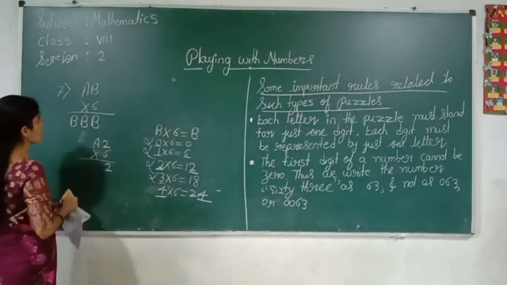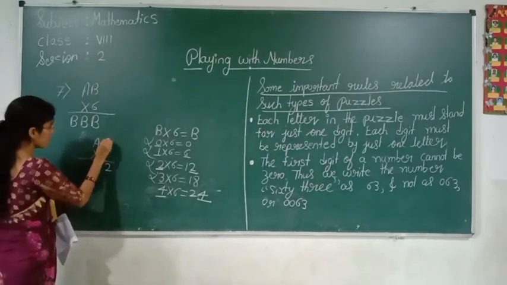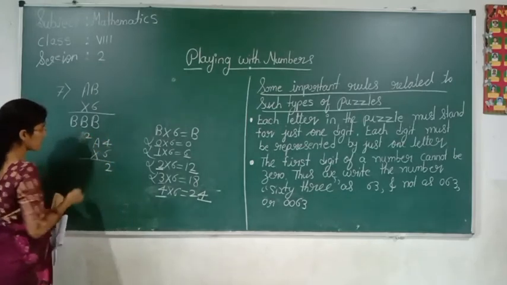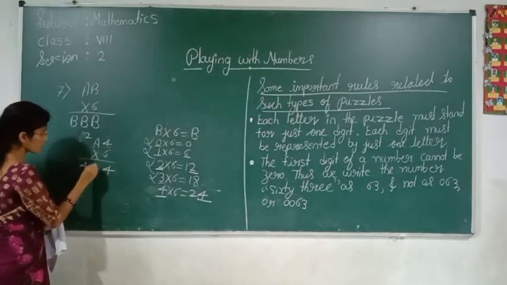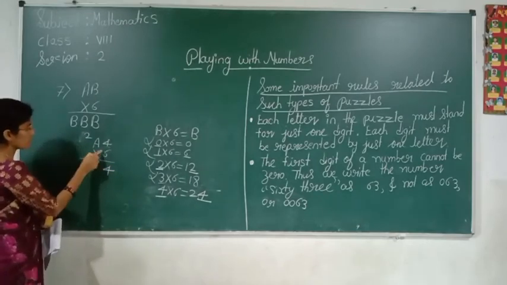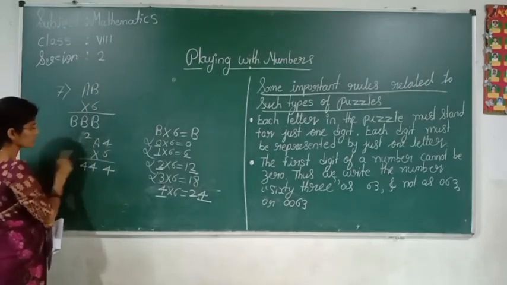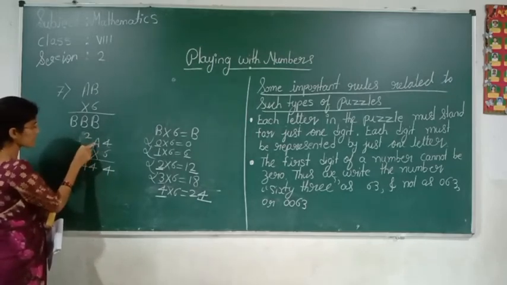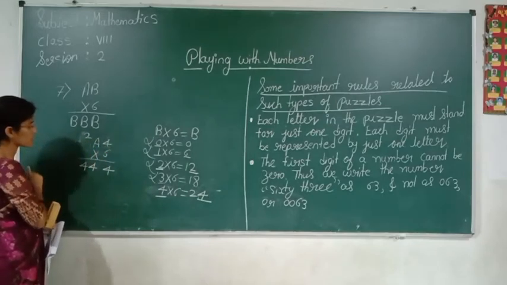In place of B, if I put 4, it will work, we will see. 6 4s are 24. Now I want here again 4 4. It will work, we will see. If I put 5, 6 5s are 30, 32. No. 6 6s are 36. 36 plus 2 is 37, 38. No, this is also not working.